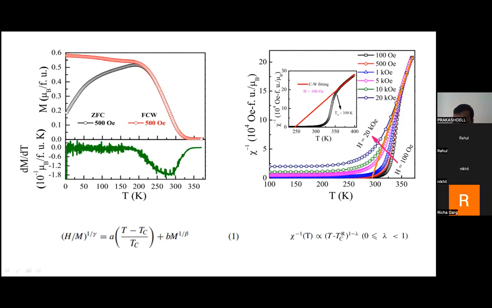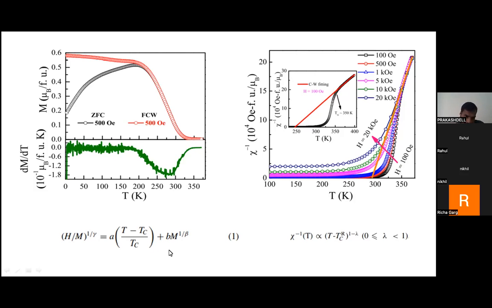That clearly says, as I was telling you in the introduction, the Griffith phase is very sensitive to the strength of the magnetic field, because even though some rare regions contribute to the magnetization, if you apply a magnetic field of higher strength, paramagnetic or randomly oriented spins will dominate over these small clusters. That is why you don't see this critical regime or Griffith region. This is the first signature. Okay.